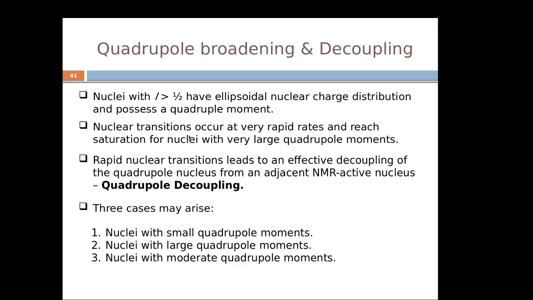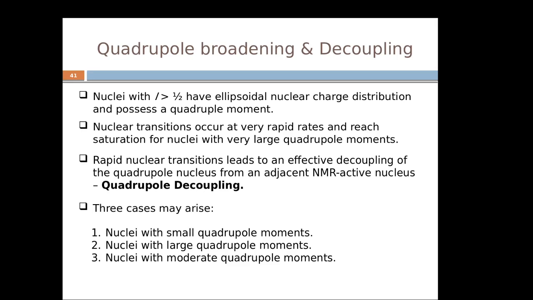The transition rate increases to a greater value, and because of this very rapid transition rate, the nucleus will tend to reach a Boltzmann equilibrium, where the population in the upper nuclear energy state becomes equal to the population in the lower energy state. We call this a saturation situation, so that the upper energy state cannot take any more population from the lower energy state.